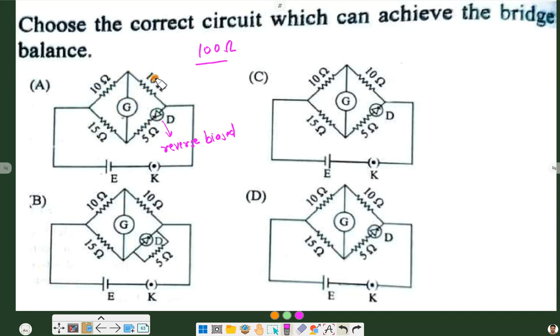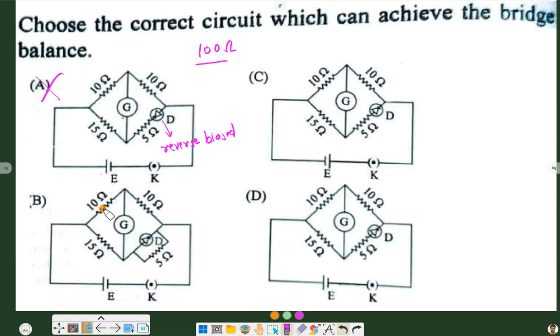So in case we have a bridge with a diode in reverse bias, that bridge will never get balanced. So option A is cancelled. Now the remaining three options are C, B, and D. Now coming to option C, here we have a diode in forward bias with a 5 ohm resistance in parallel with it.